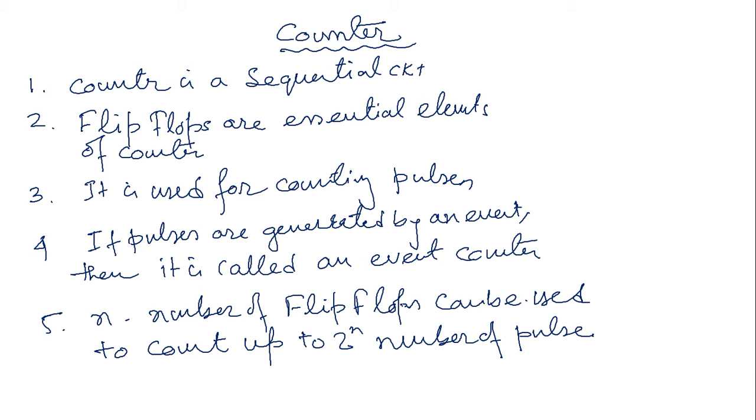Better to say the maximum count possible is 2 to the power n minus 1. I'll explain this most probably in the next lecture. So these 5 are the most important features of a counter. I am coming to the details of the counter later on.